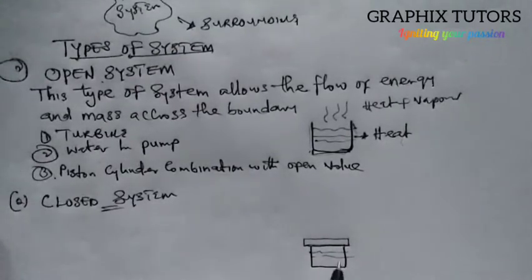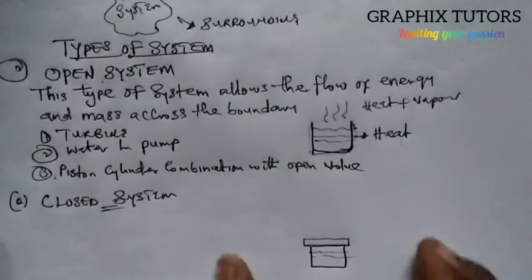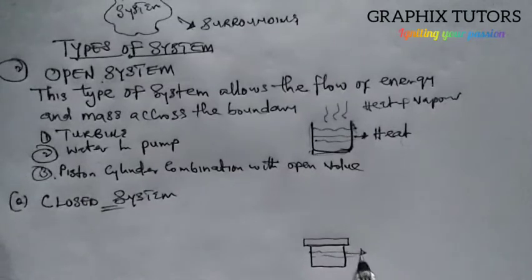Now I'm no longer heating it, but it is hot. With time, what will happen to the water without heating? It will start cooling down. What happened is that heat is escaping from the boundary, just only heat, but the vapor remains intact because it is closed.